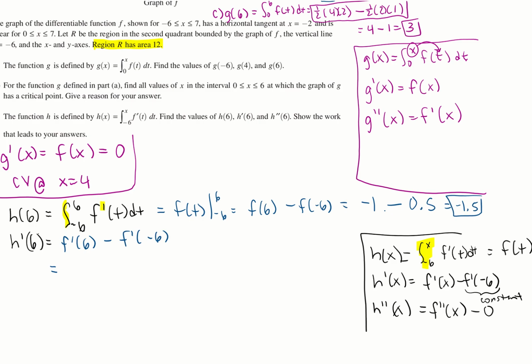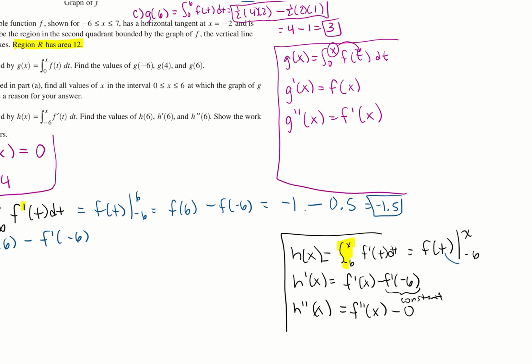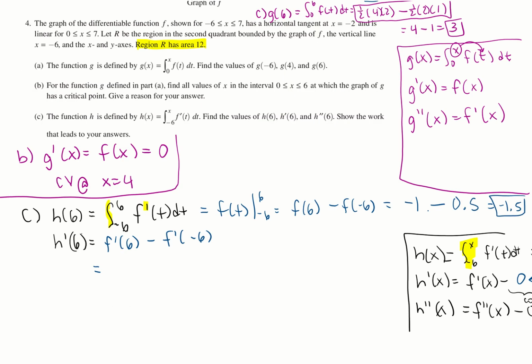So, let's see. Actually, I take this back. This right here, since this would be a constant, I take this back. This would be f of x minus f of -6. This actually will zero out because this would be a constant as well. There we go. And then I end up then with just, since that was a constant, that went away. That was like a 0.